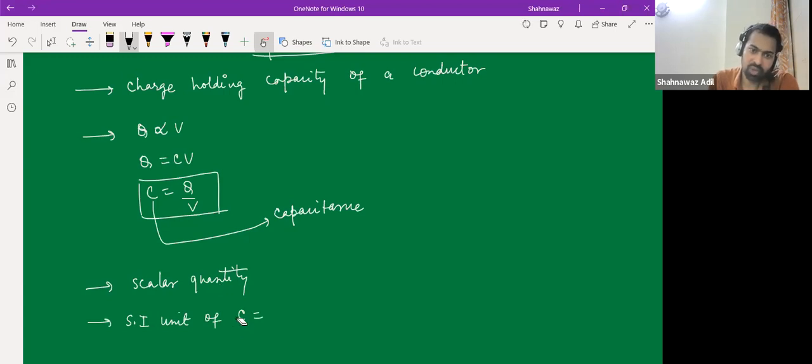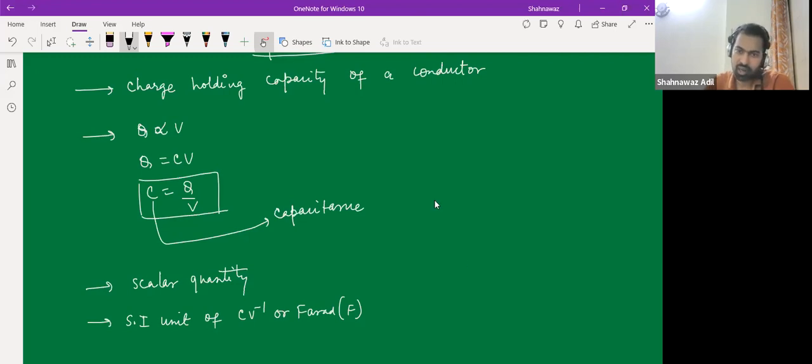You can see that Q is in coulomb, right? V is in volt. So coulomb per volt, or we can also write it as farad, which is represented by F. So this is the SI unit of capacitance.